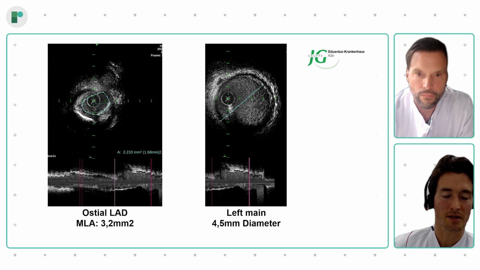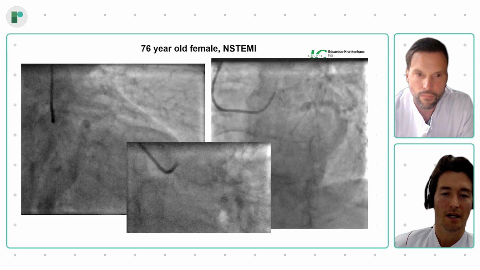The patient had an NSTEMI, so we then did not perform further hemodynamic assessment. On the right-hand side, you see a large discrepancy between the ostial LAD and the left main diameter.